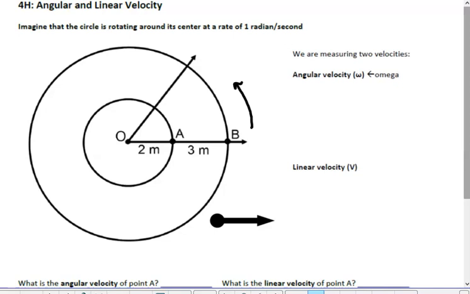Now there's two ways to measure the way point A and point B travel. One way is to measure their angular velocity. Angular velocity is represented by this Greek letter called omega. It looks like a little curved W, but it's not a W, it's called omega. So let's define angular velocity as the amount of rotation per unit of time.